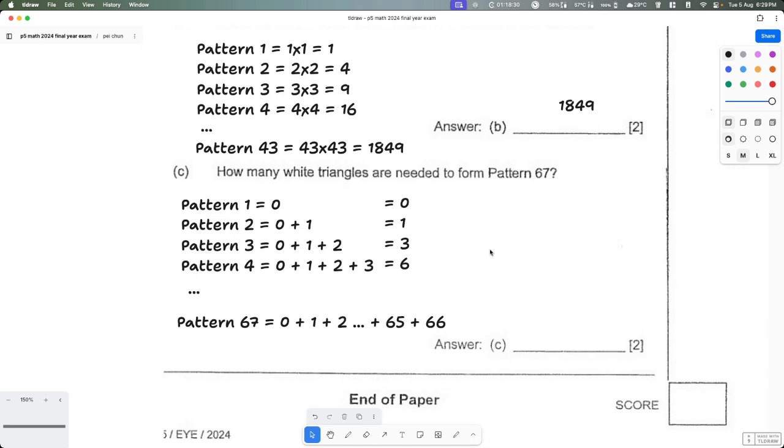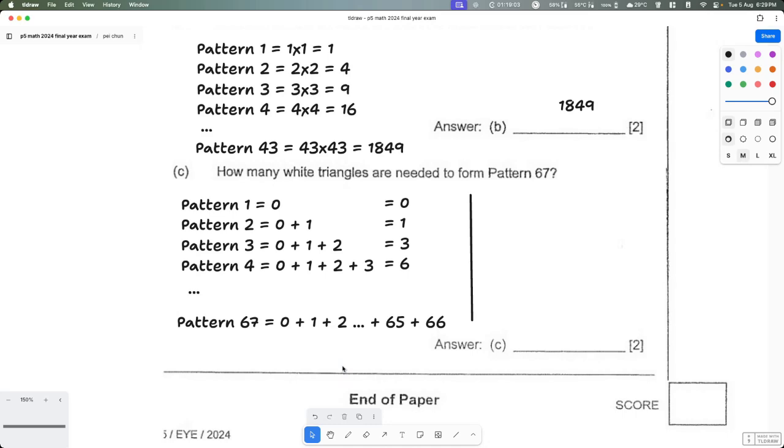So I'm going to put a line. We know from pattern 4 that we ignore the 0 essentially. So 2 plus 1 is 3, so for 67, we want 66 plus 67.